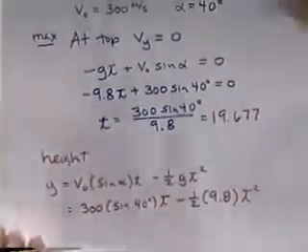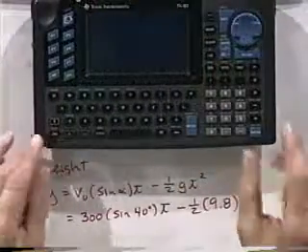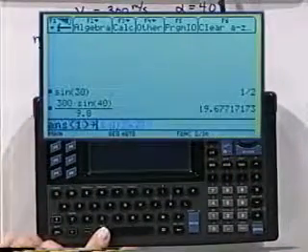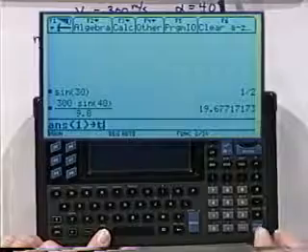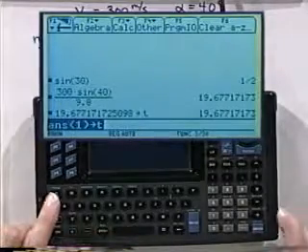To make life easier, on the calculator I'm going to take that number and store it for t. I'll hit enter. Okay, so now t is stored as 19.67.